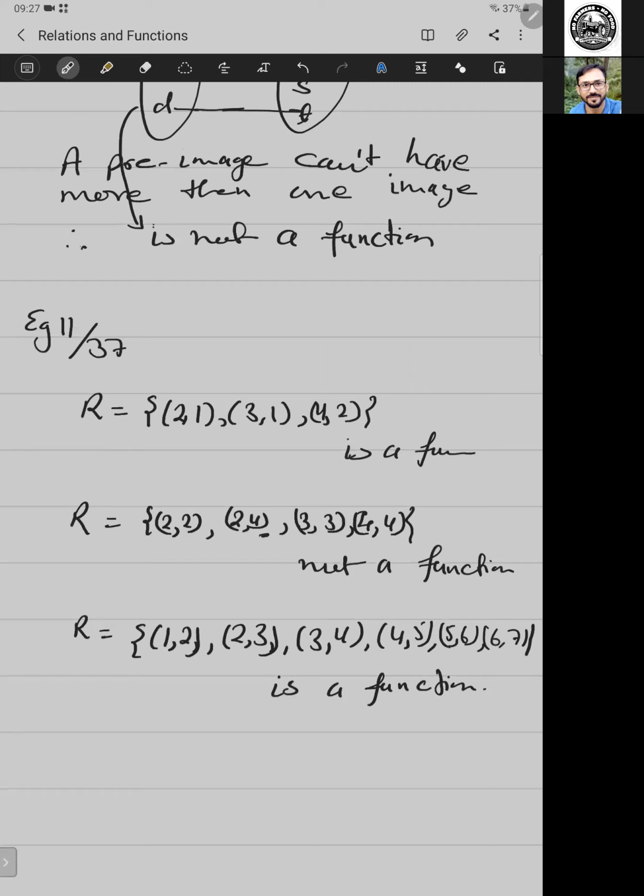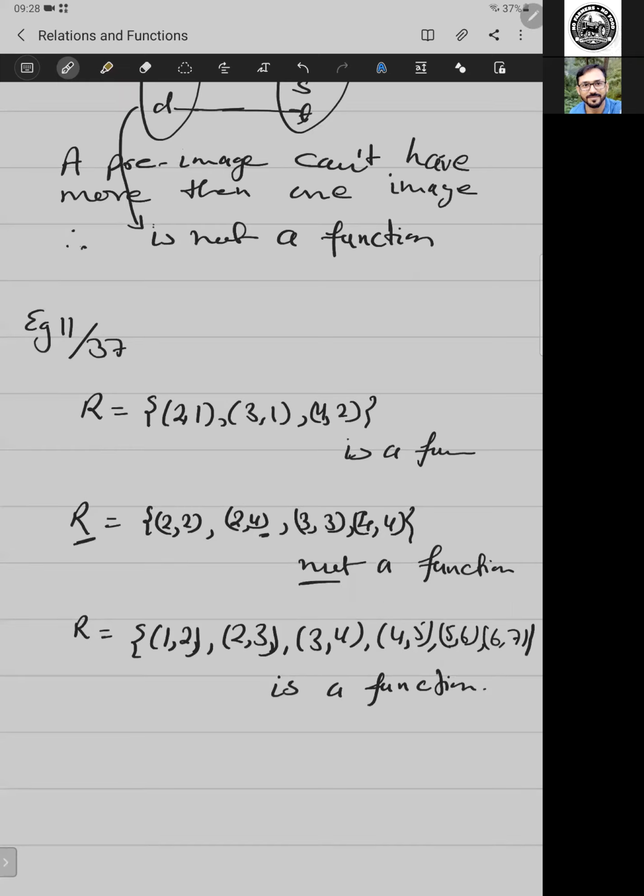Now we are coming to a conclusion. See, every function is a relation, but every relation is not a function.